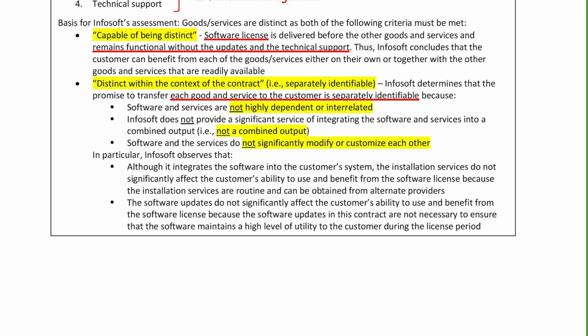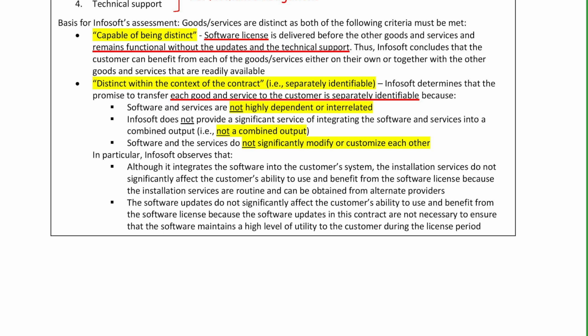In particular, Infosoft observes that although it integrates the software into the customer system, the installation services do not significantly affect the customer's ability to use and benefit from the software license because the installation services are routine and can be obtained from alternate providers. So the customer can take the software license from Infosoft and get somebody else to do the installation.